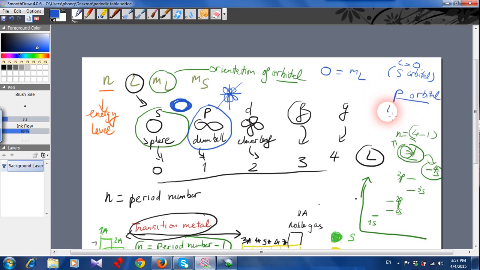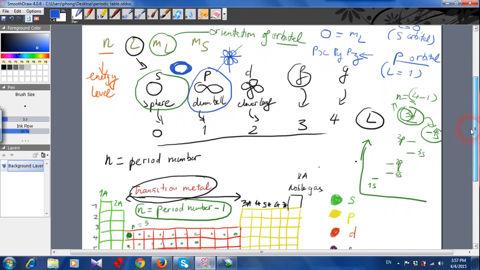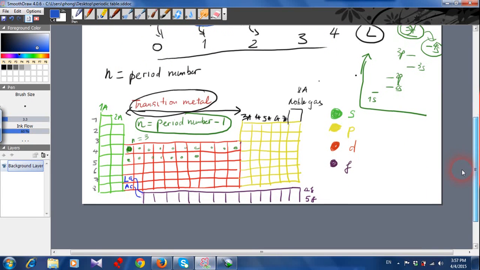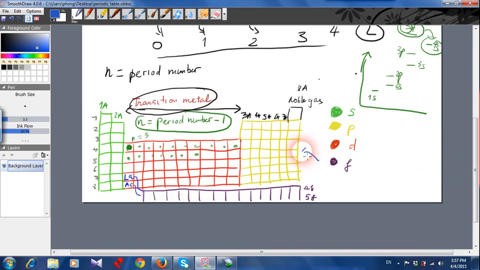P orbital means L is equal to 1, and we have three directions x, y, and z of the p orbital, which stand for px, py, and pz. This is the p block.